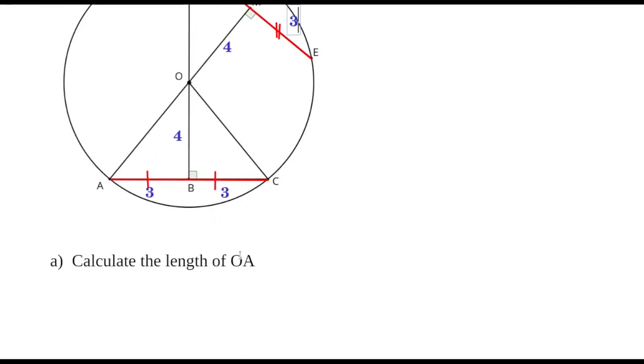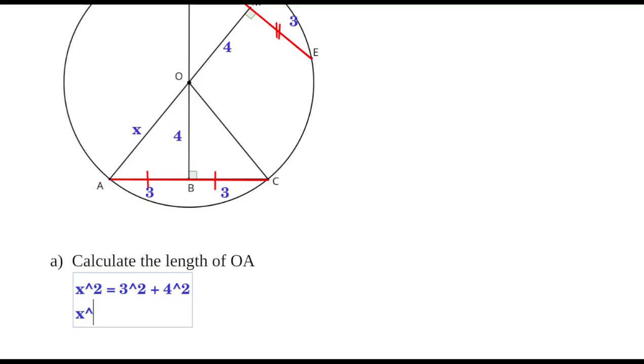Calculate the length of OA. How do you find OA? OA is actually the hypotenuse of a right-angled triangle, so we are going to use the Pythagorean theorem. Let's call this one X. So what does the Pythagorean theorem say? It says that the hypotenuse squared is equal to the sum of the squares of the other two sides, 3 squared plus 4 squared.